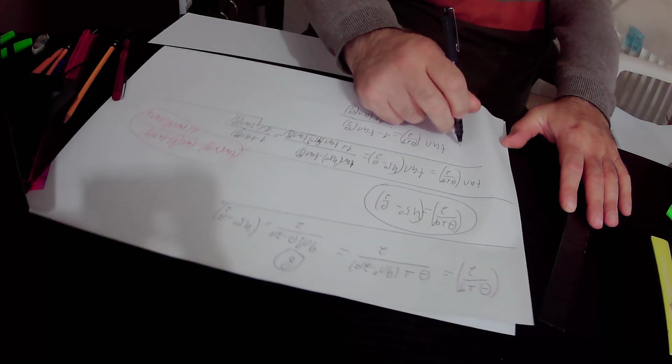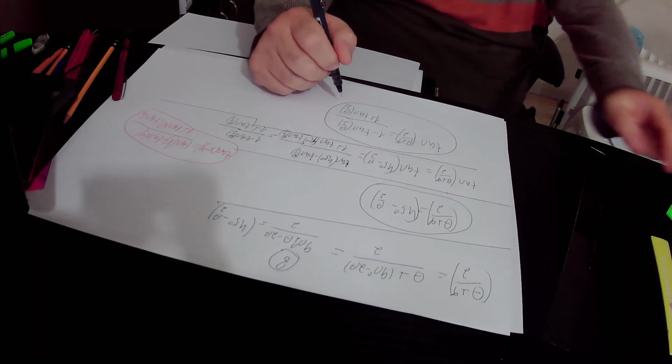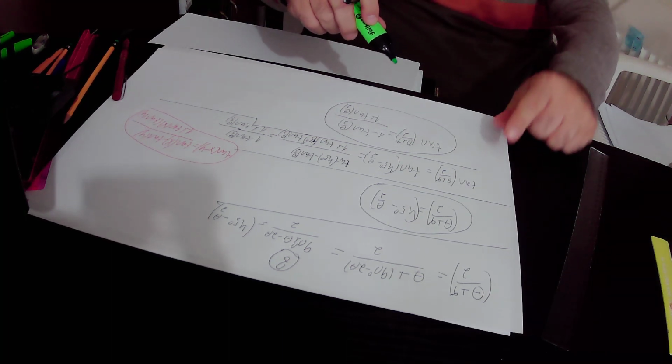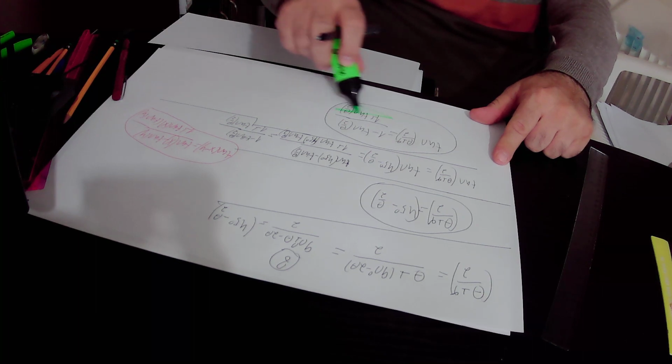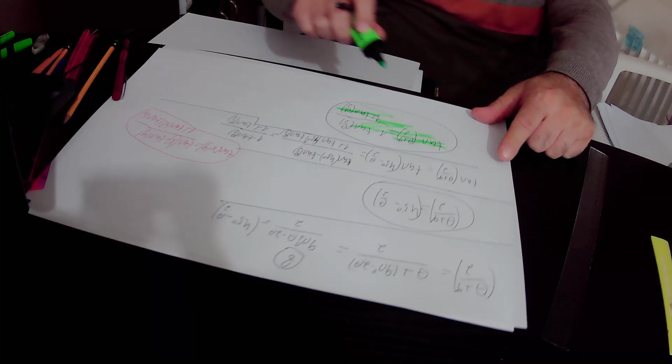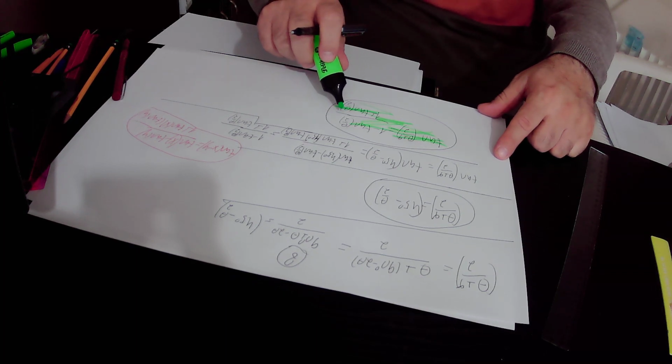Okay? So in order to find out the value of tangent theta plus alpha over 2, the only thing that is left to do is to find out the value of tangent theta over 2.